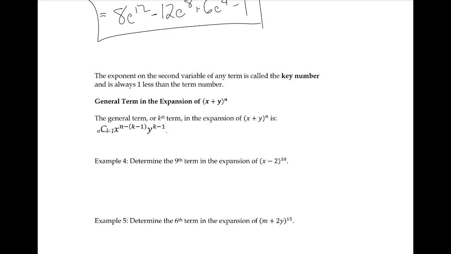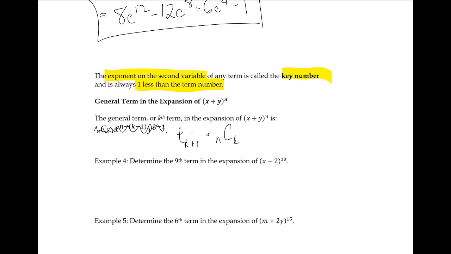Okay, so again, another way to remember that k value is by looking at this exponent on the second variable is the key number, and it's always 1 less than the term number. Okay, and so we say k, it's kind of that number. You know what, this is worded a little bit differently. I'd prefer k plus 1 equals nCk.